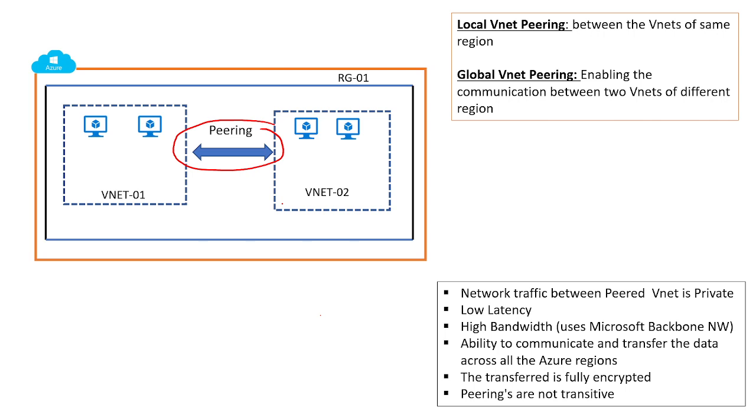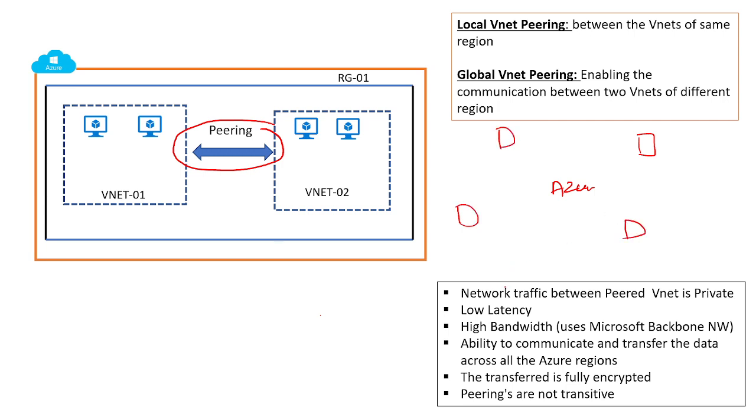How do they manage this? Microsoft manages it with the backbone network. Microsoft has 52 regions, as I was telling you. Azure has 52 regions.